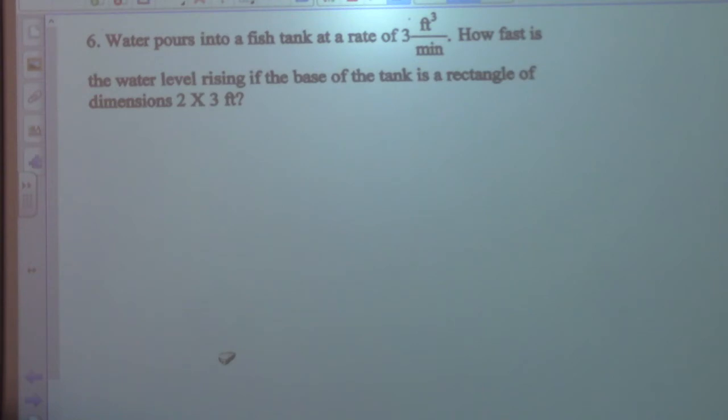I got 1/2. 1/2 feet per minute. Yes. Okay, anybody else?